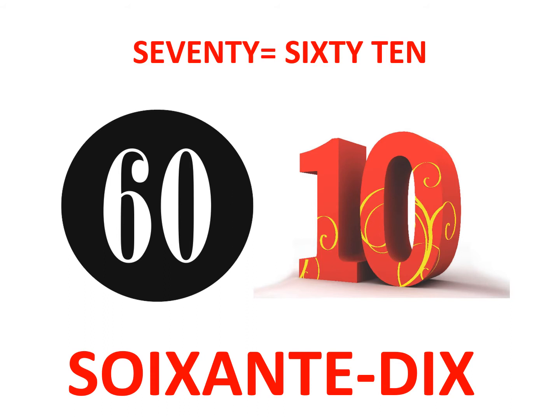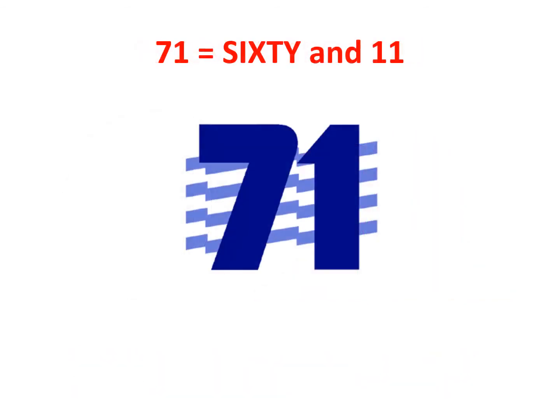So 70 would be 60, 10. It's a little bit like doing math, isn't it? 70 is 60 plus 10, which makes 70. Okay, this is when it's becoming a little bit more difficult.